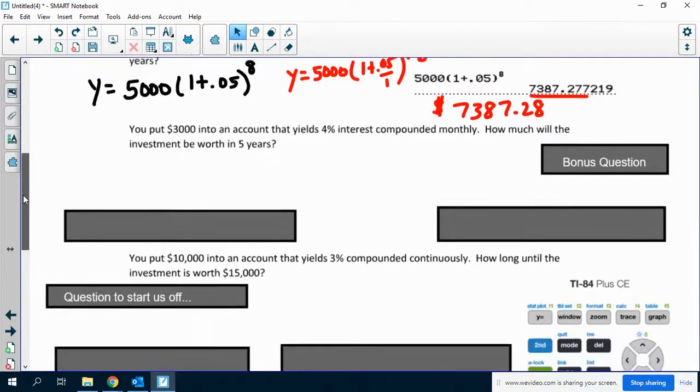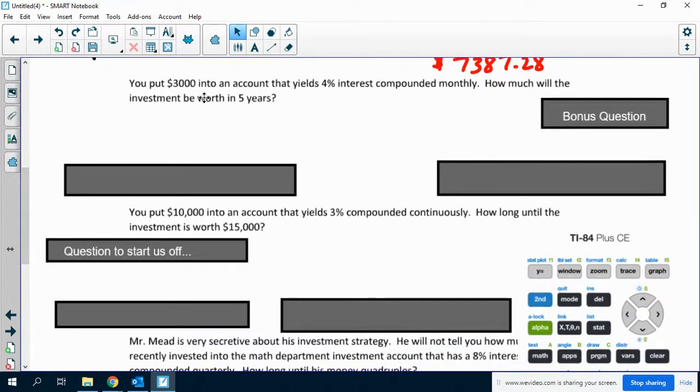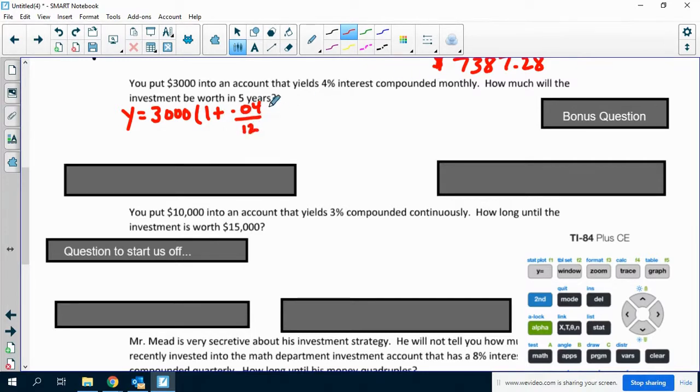Okay, next problem. Suppose you put $3,000 into an account that yields 4% interest compounded monthly. So now we're definitely using compound interest here. Y equals 3,000 times 1 plus 0.04. Oh, it's compounded monthly, so we're going to divide by 12.